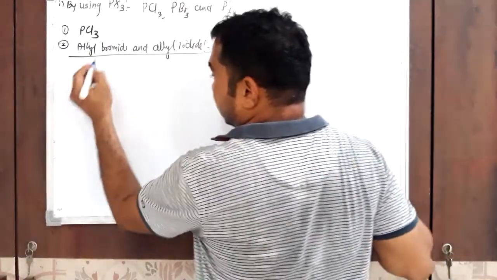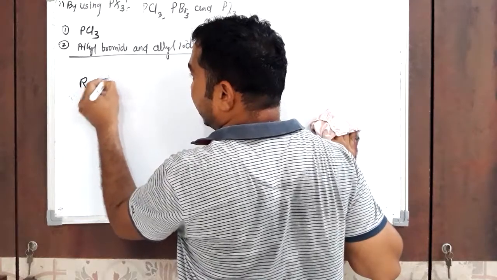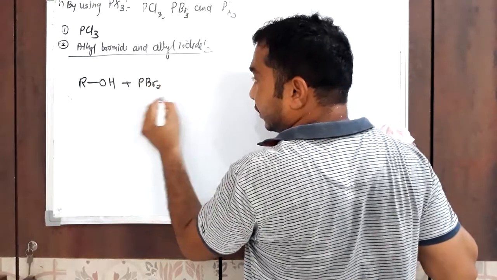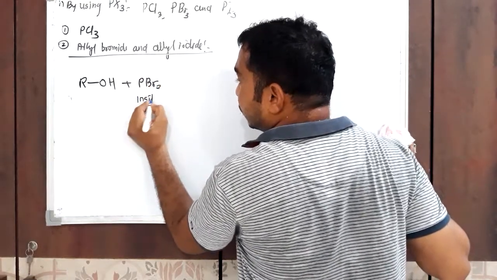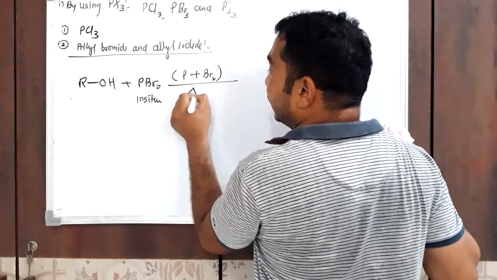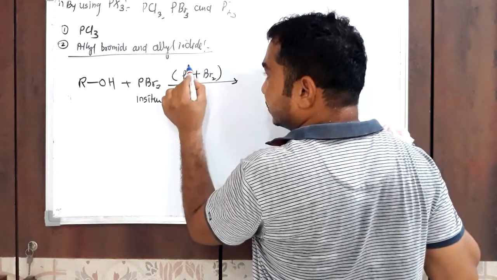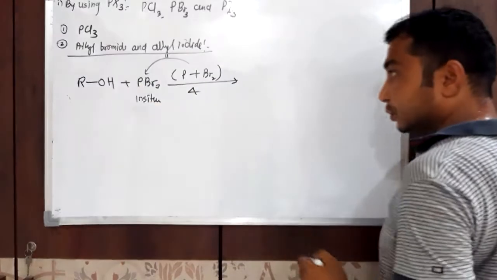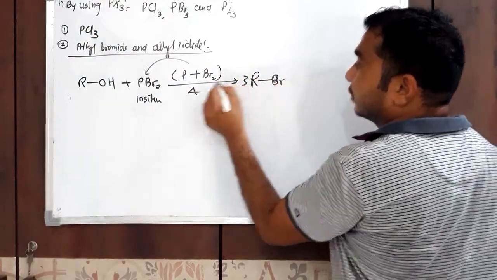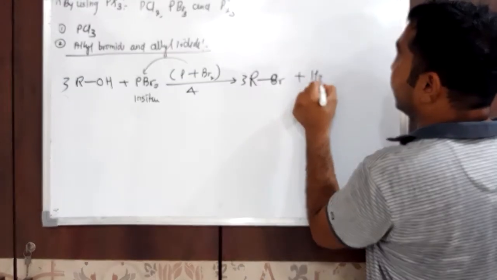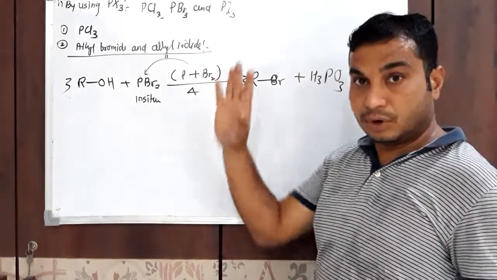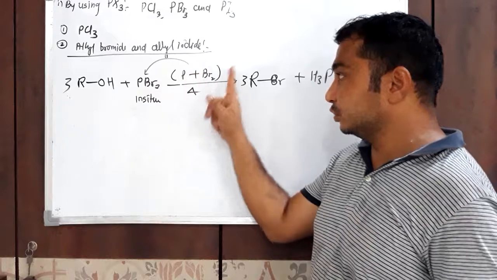Now suppose we want to prepare alkyl bromide. PBr3 is not available, so instead we use phosphorus and bromine. They react first to form PBr3 in situ, and then PBr3 reacts with alcohol, giving alkyl bromide and H3PO3 as the side product. So we take alcohol plus phosphorus plus bromine.